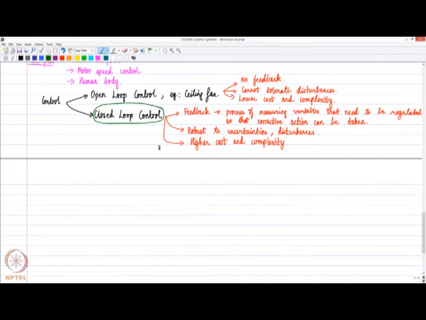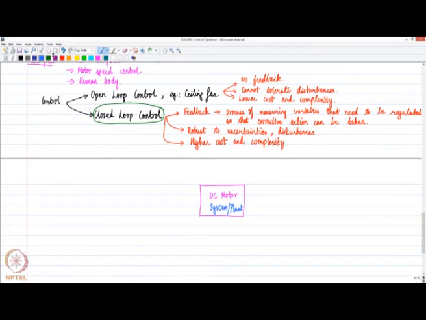Okay. So, let me just construct an example to explain what we did. Suppose let us say we have a DC motor, right. So, the DC motor is our system, okay, or plant.